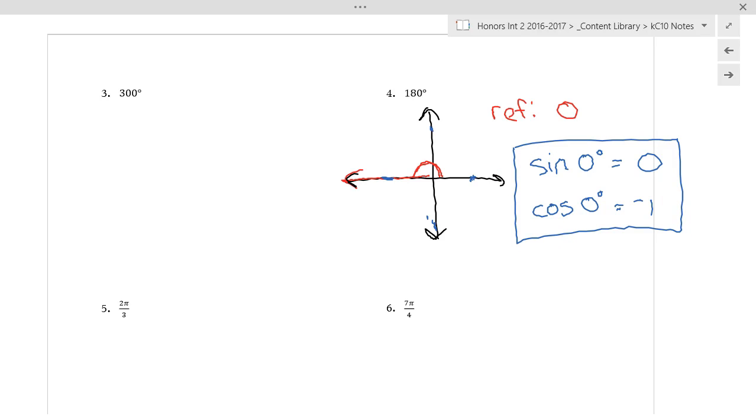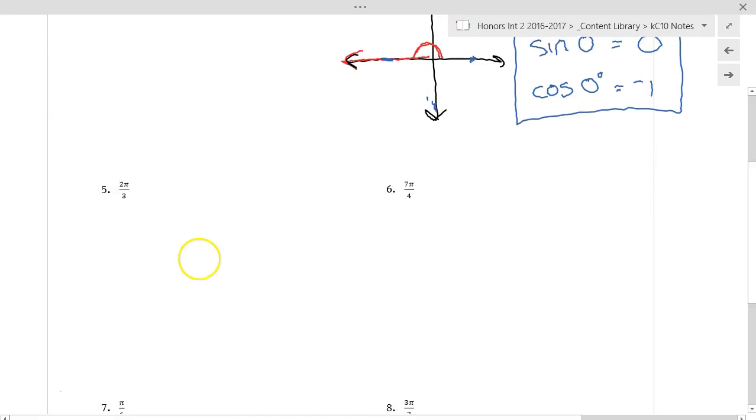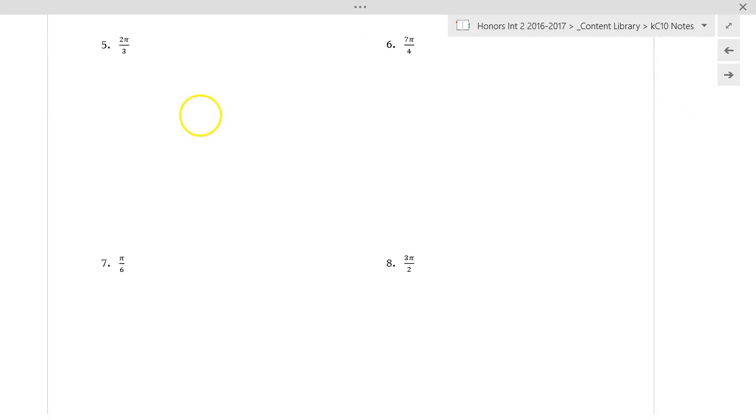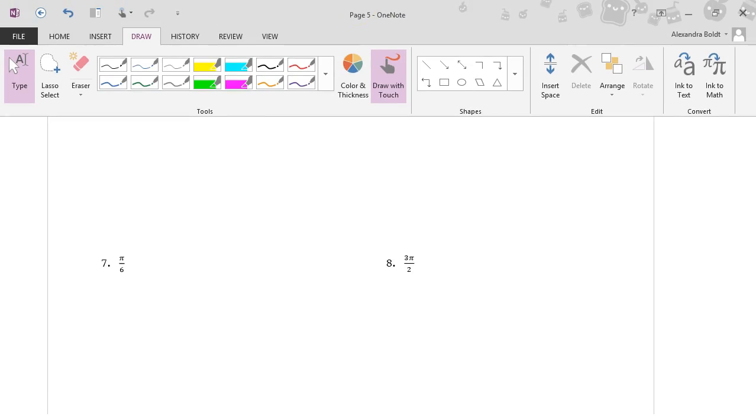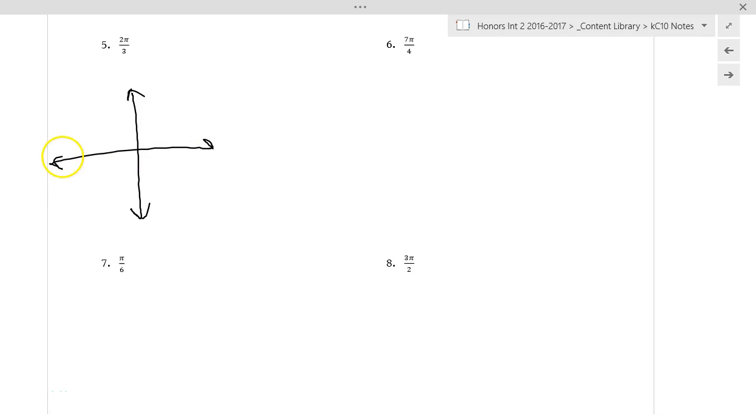Let's look at some of our radian sections. Number 5, 2 pi over 3. Start by drawing my axis. I'm going to cut this into thirds.